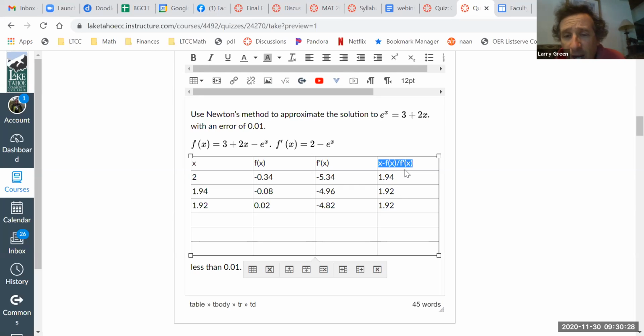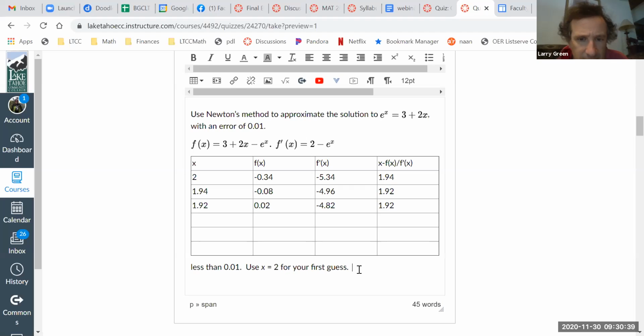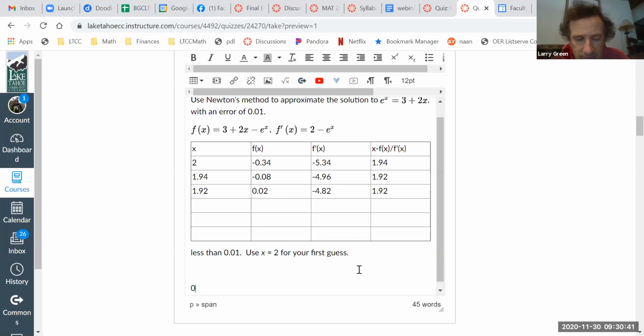Yeah, if f prime of x is equal to 0, we got problems. So what we do is we set 0 equals 2 minus e to the x. And again, if we add e to the x to both sides, take a log, you get x is equal to ln of 2. And that is the one that's guaranteed to make Newton's method fail.